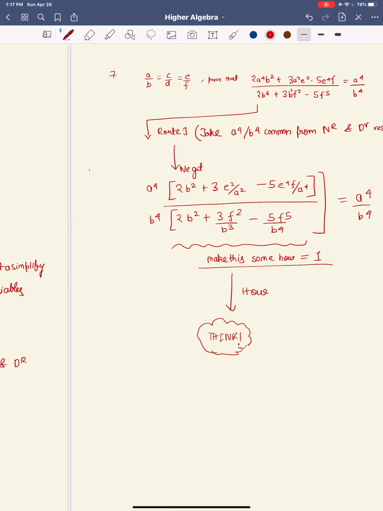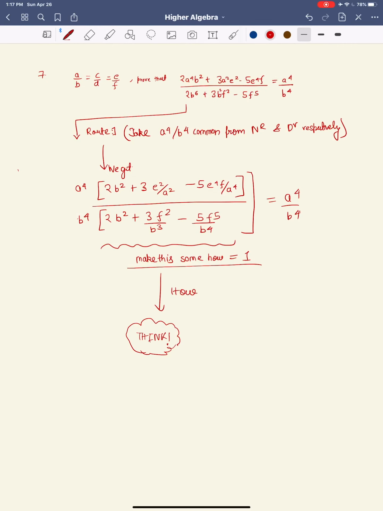So when we do this, we get a4 over b4 multiplied by this whole expression in the numerator and this expression in the denominator. And if we somehow make this expression equal to 1, then our job is done, because we'll prove LHS equals RHS.